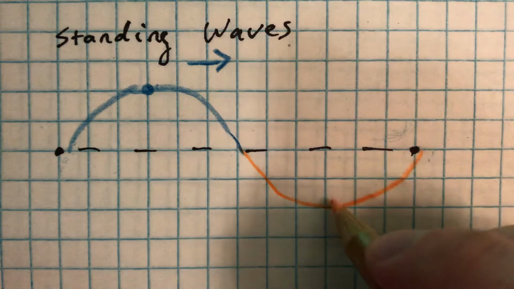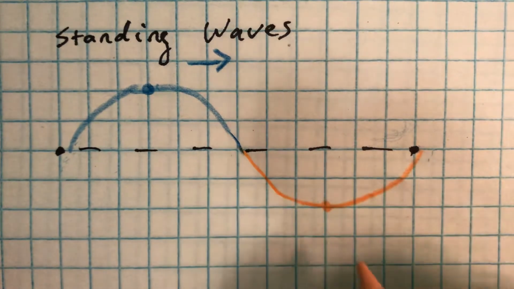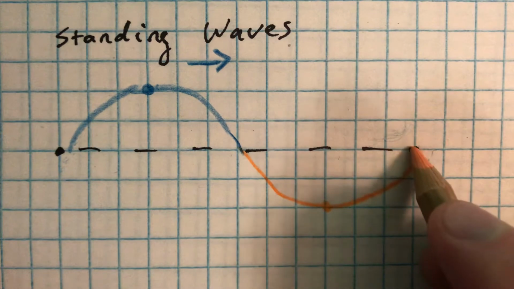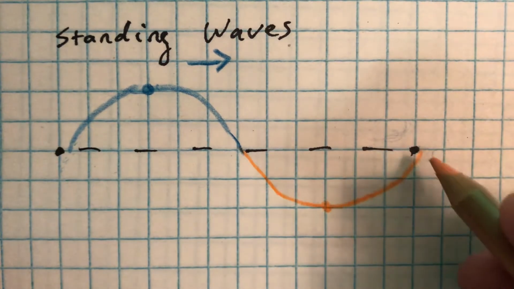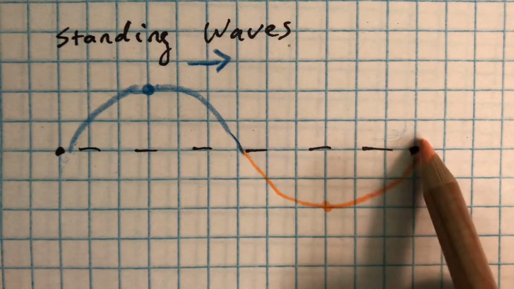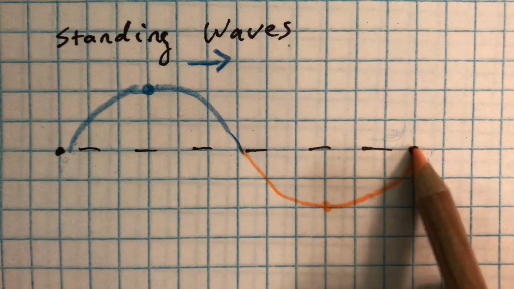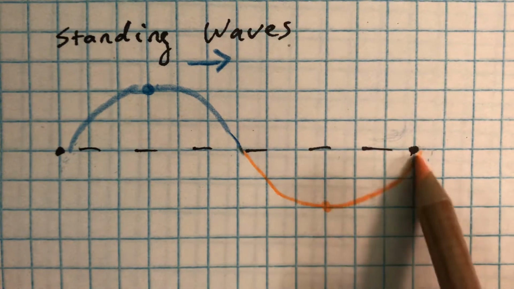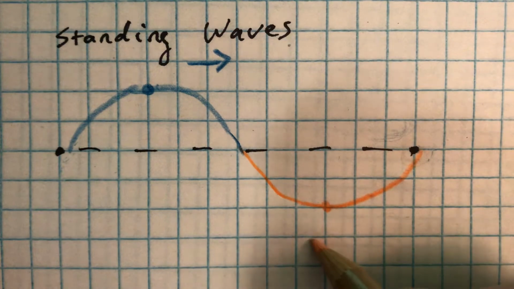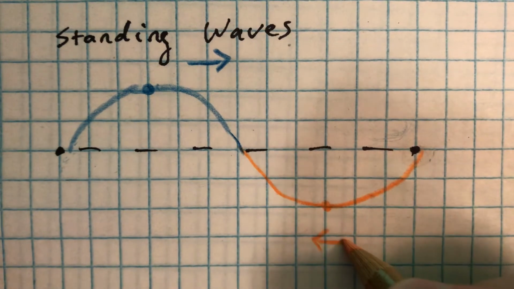I'm making this in such a way that the reflection doesn't lose any energy at the boundary. So very little energy is transmitted at the boundary. Almost 100% of it is reflected, and it's inverted because this is fixed. So it has about the same amplitude in the opposite direction. So it'll be traveling in this direction.